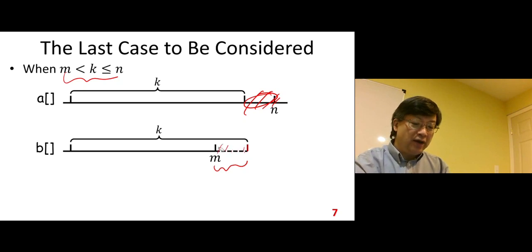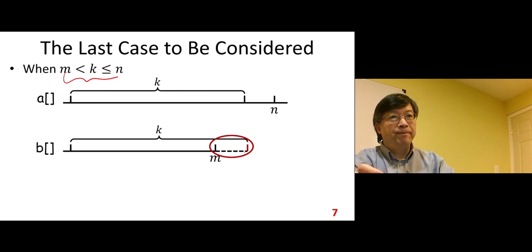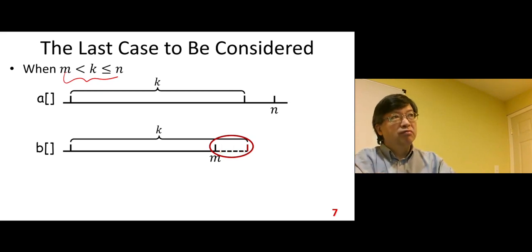All right. So here, can we do some thinking like this? Can we put some imaginary elements here without causing any problem? So we want to add some fake elements there without causing any problem.